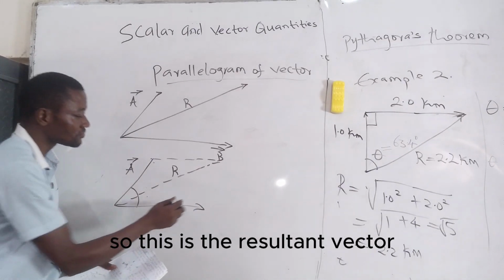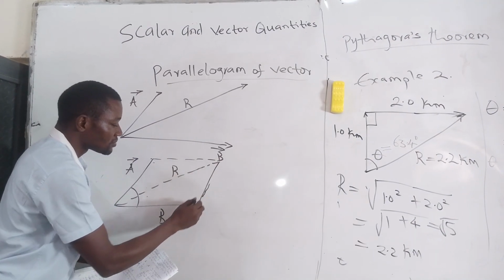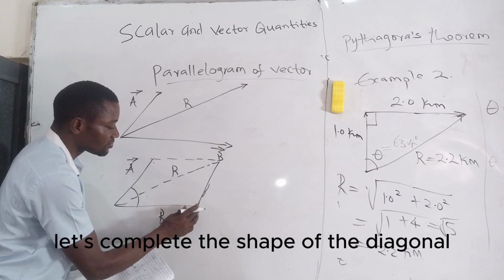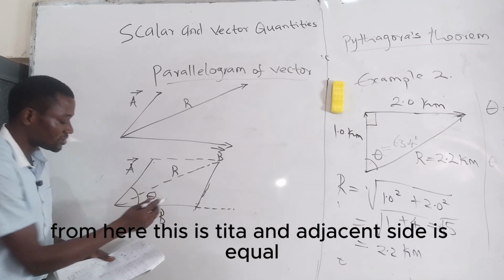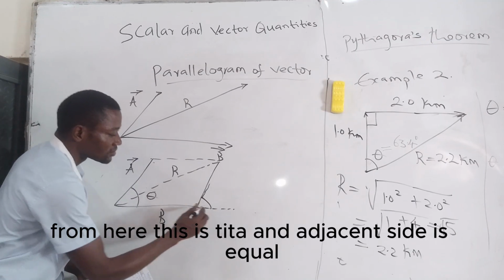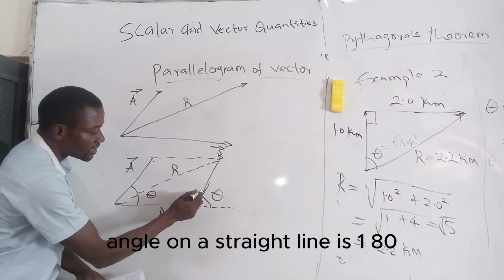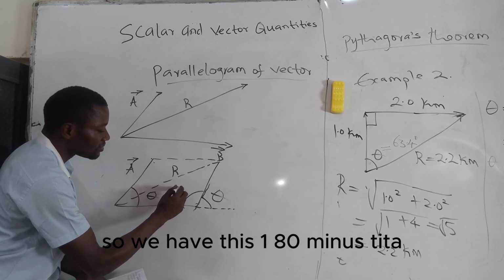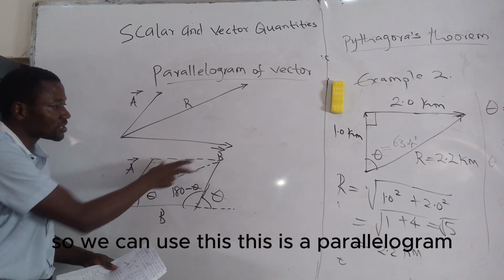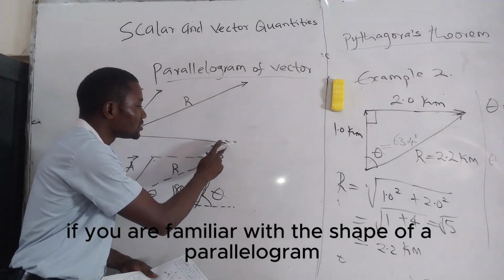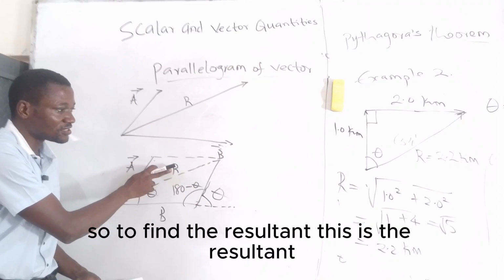Let's complete the shape of the parallelogram. From here, this is theta, and the adjacent angle is equal. Angle on a straight line is 180, so we have 180 minus theta. This is a parallelogram, if you are familiar with its shape. So this is the resultant.